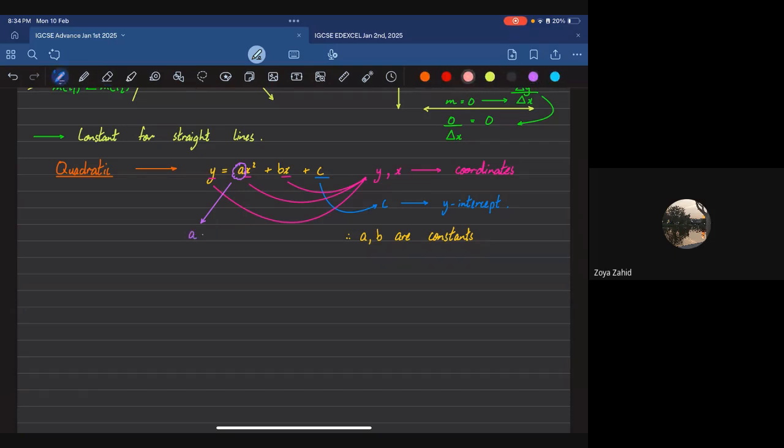If a is a positive number, it could be 1, the coefficient of the x squared term is going to tell you where your graph is going to twist and turn.